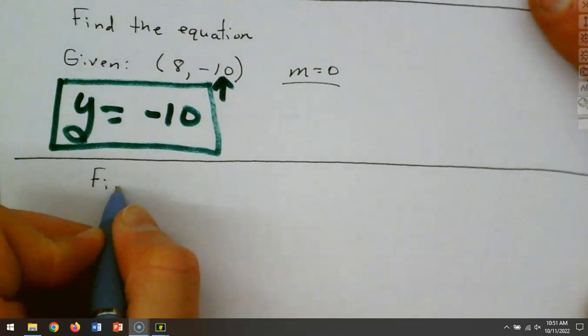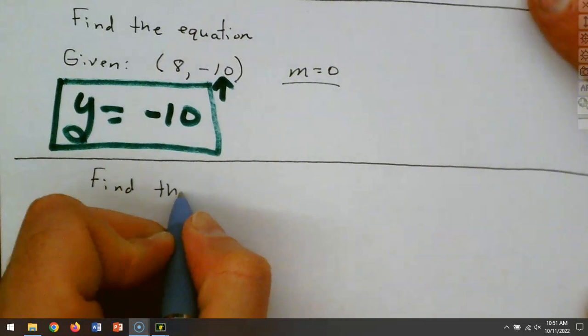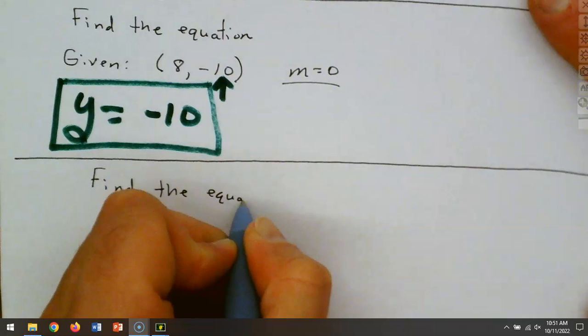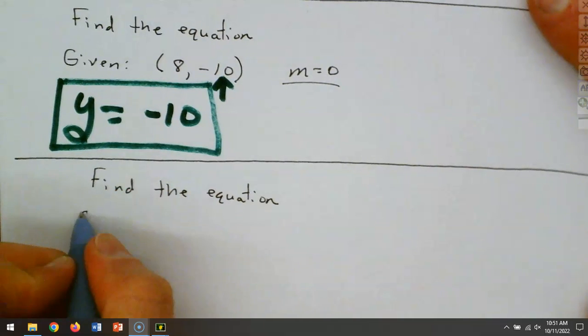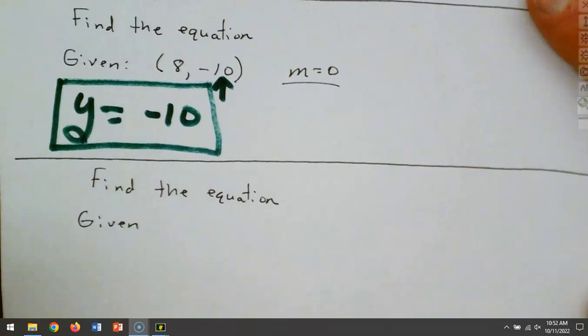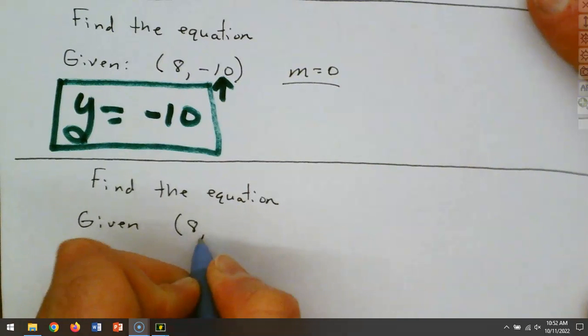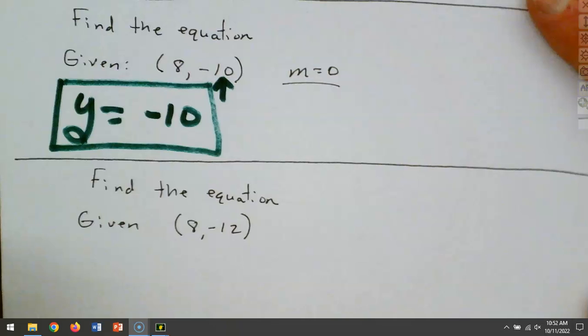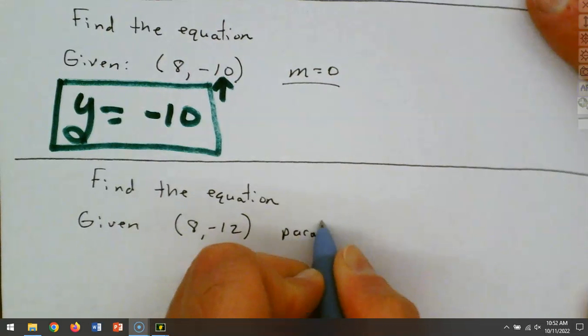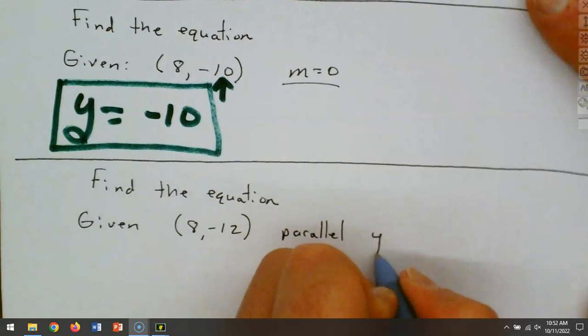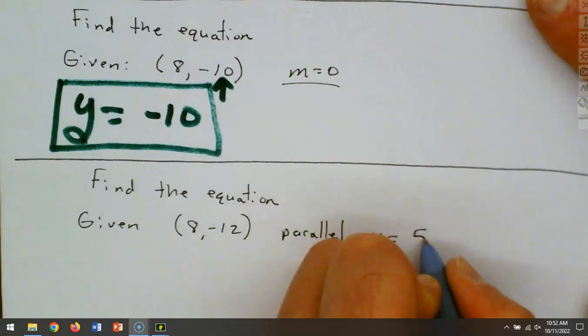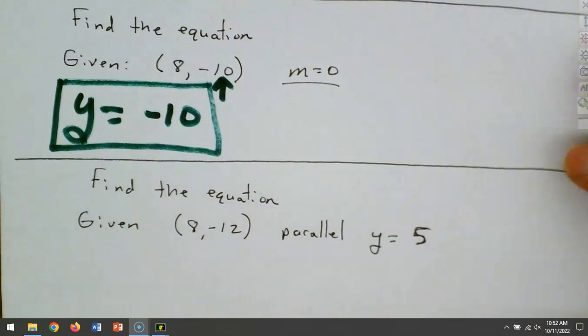Let's find the equation again. And let's say you're given the point (8, negative 12), parallel to y equals 5.